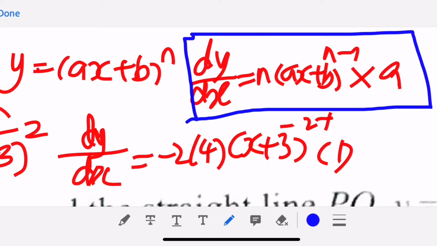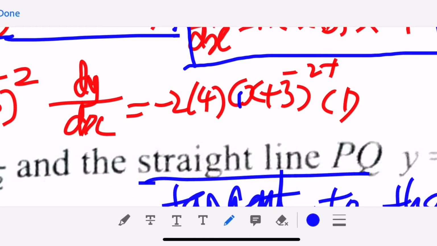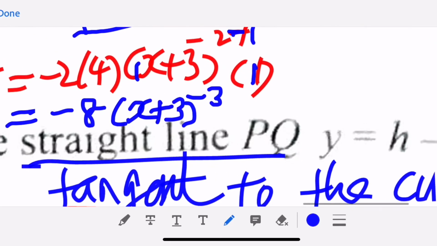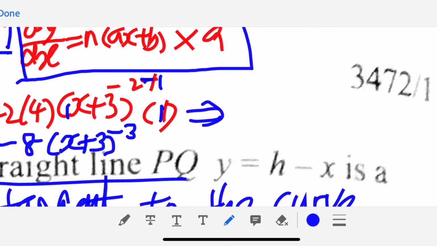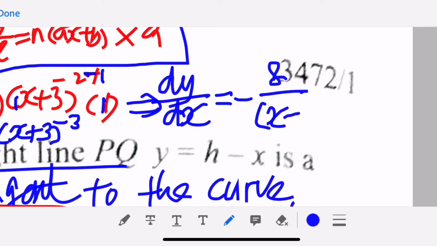Remember this formula. This is called differentiation by substitution, or we call it the chain rule. It's very popular in the SPM exam, so make sure you are aware. So negative 2 times 4 is negative 8, and then (x plus 3) to the power of minus 2 minus 1 will be minus 3. Finally you write your answer like this: negative 8 over (x plus 3) to the power of positive 3.